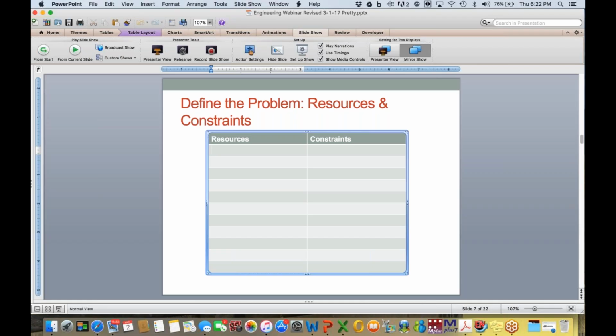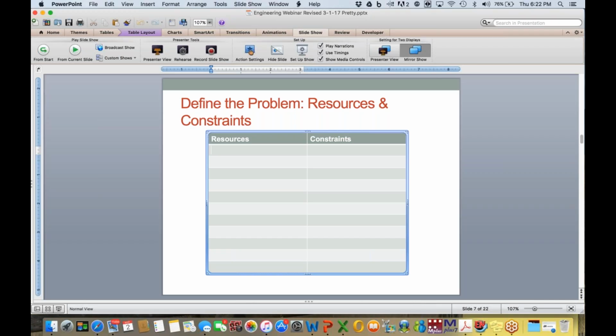So a resource is something available that will help with the problem, which could be anything, could be teachers, whatever you've got that will help solve this problem. And a constraint is something that is going to limit the solutions to the problem.